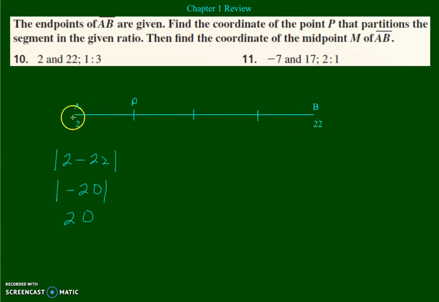Now, in order to find the width of each one of these pieces, we divide 20, the total length, by the total number of pieces, 1 plus 3, which is 4. That gives us a length of 5. Each one of these pieces is 5 units long.